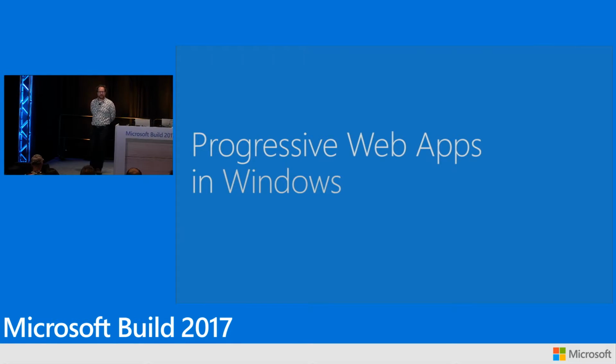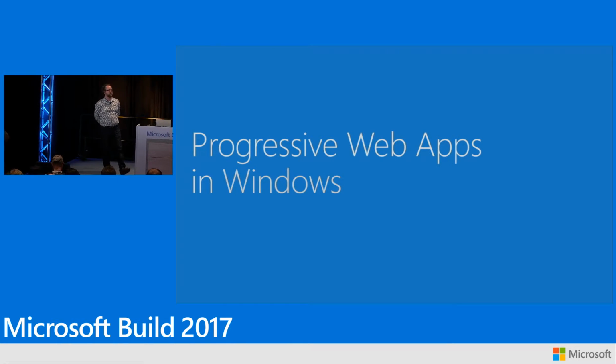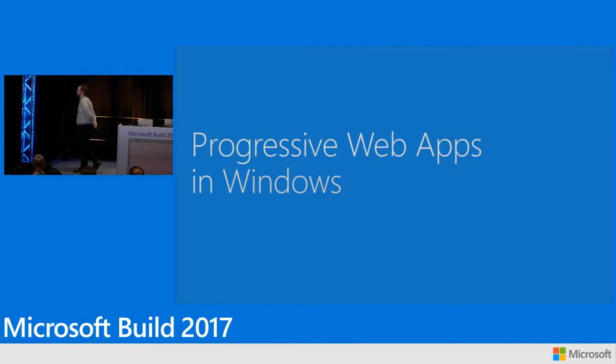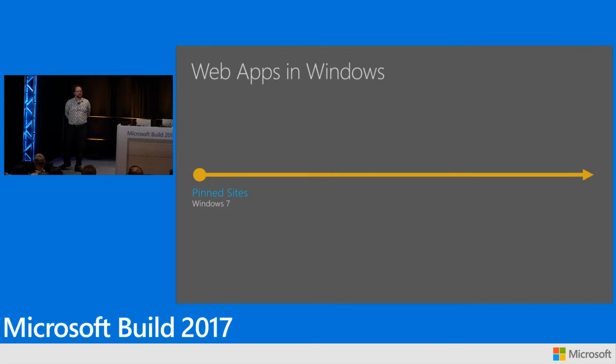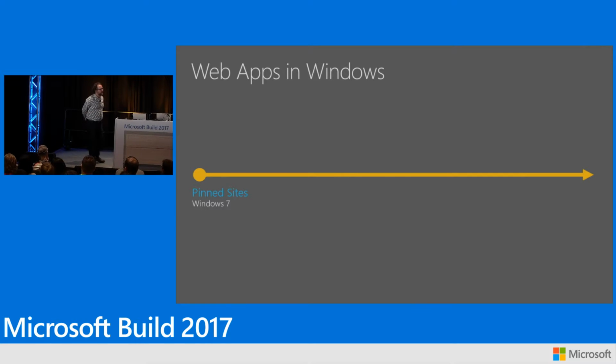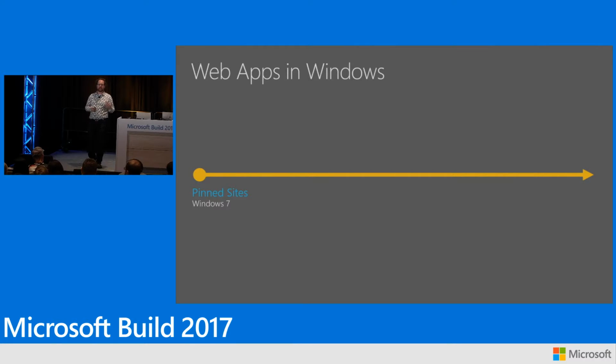So now that we've set the groundwork for what PWAs are, I want to discuss how they fit into the Windows ecosystem. As I mentioned earlier, Windows has a history of supporting web tech, but it even predates Windows 8. Back in Windows 7, some of you might remember we began supporting what were called pinned sites. They enabled developers to customize a sticky tab in the taskbar that provided quick access to key tasks, a customized browser UI, and more.